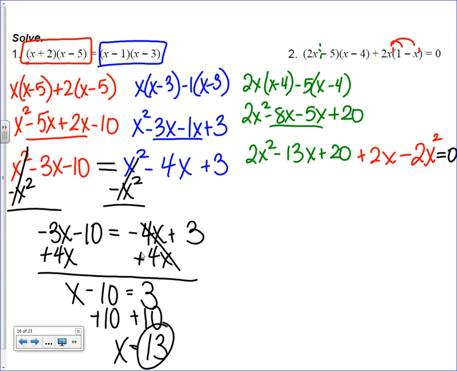All right, so now notice everything's on one side. So we're just putting them together. I don't think x equals 0. What happens to your x squareds? They cancel. Now I can put these regular x's together. Negative 11. And then the plus 20. And then equals 0.